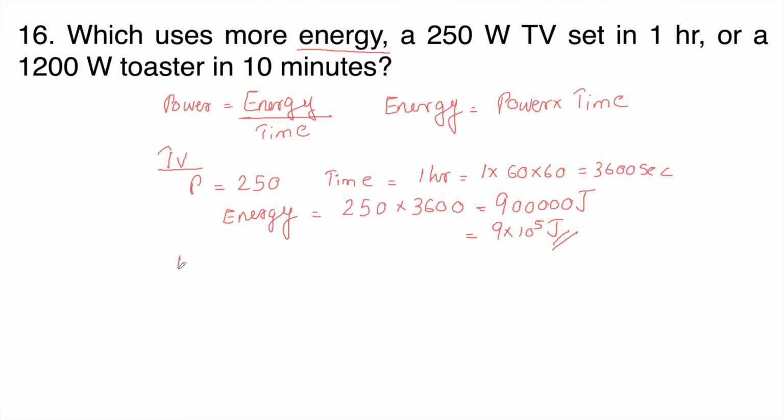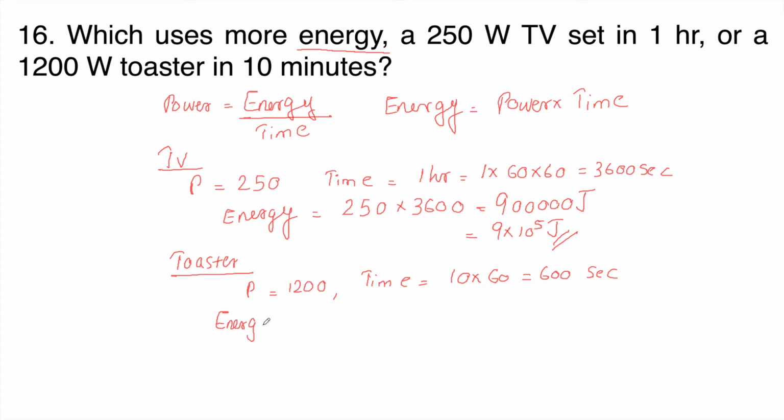Then we can check for toaster. What is the energy? Okay, here power is 1200 and time is 10 minutes. So 10 into 60, 600 seconds.